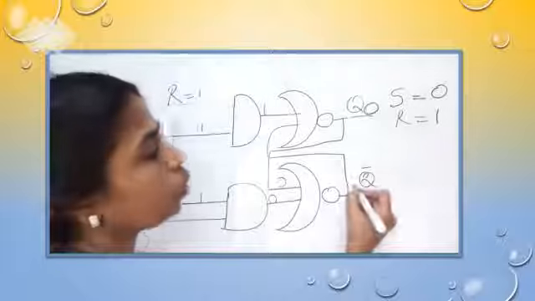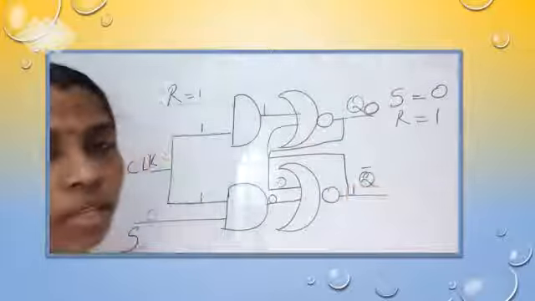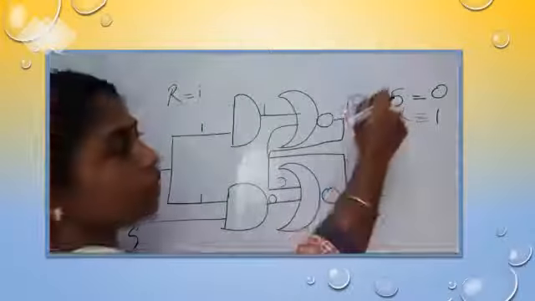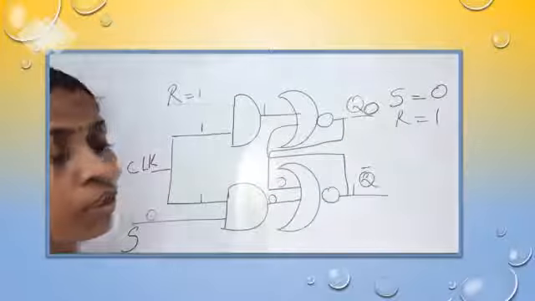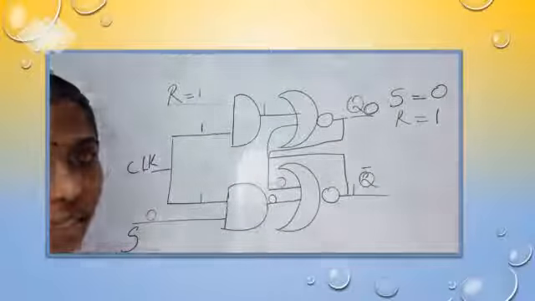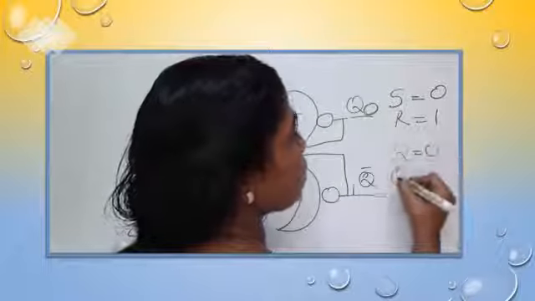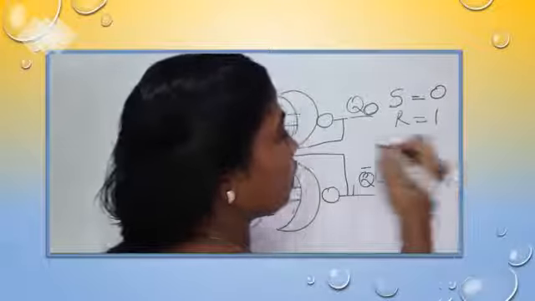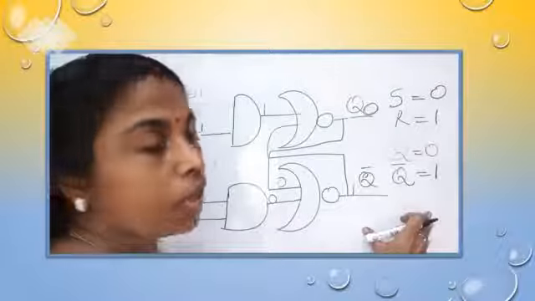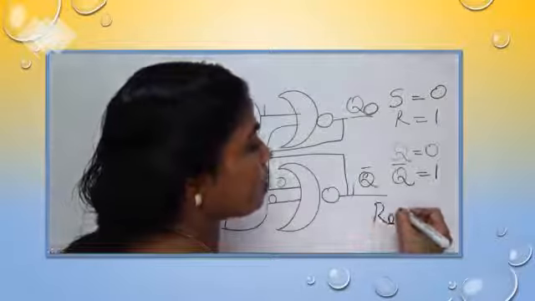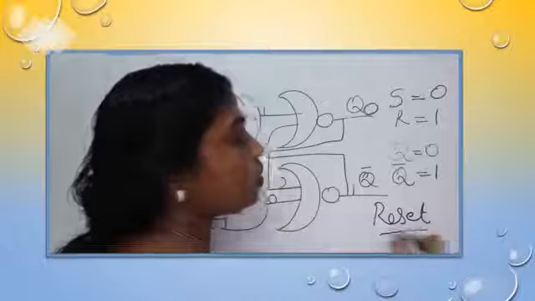That means Q dash is 1. So Q is equal to 0 and Q dash is equal to 1. This state is known as the reset state.